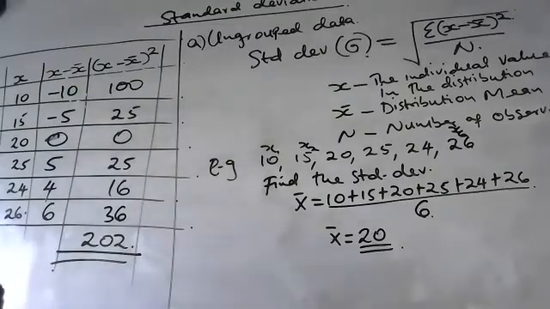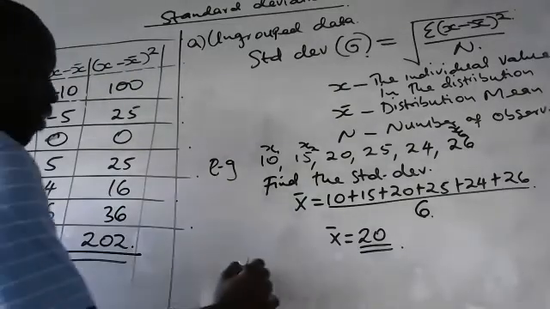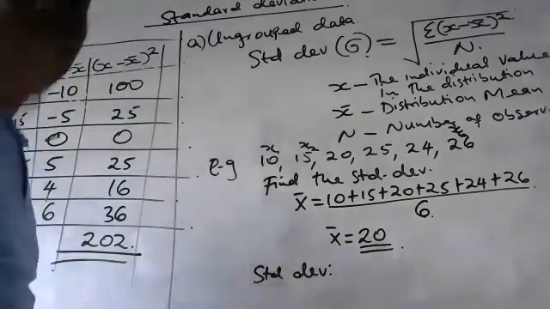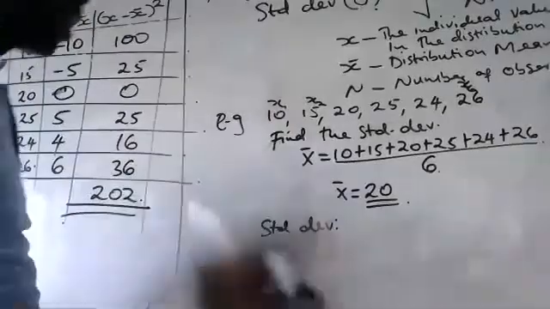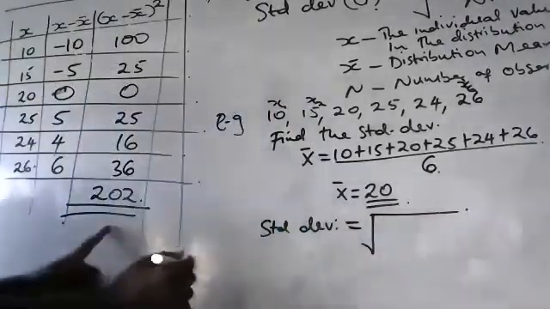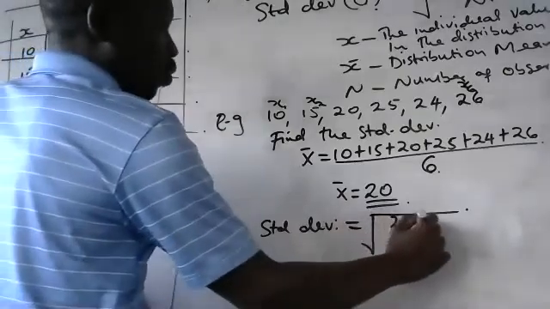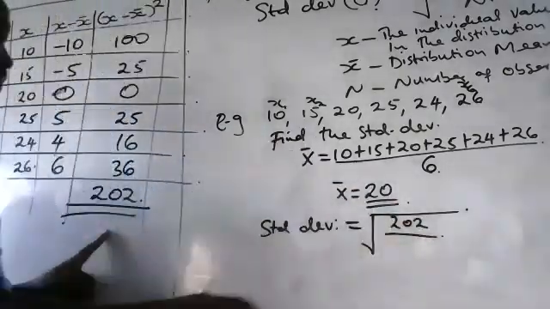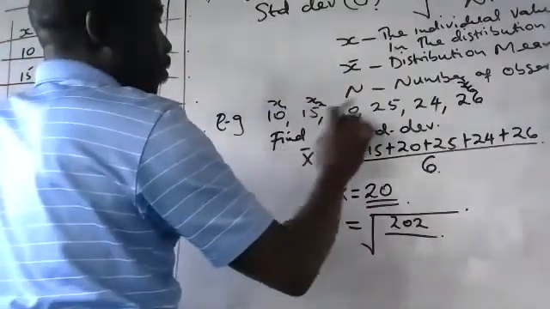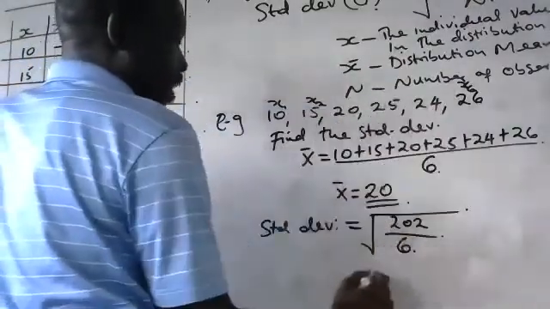Once we have the sum, we can now get the standard deviation. Our standard deviation would be given by the square root of the sum of X minus X bar squared, which is 202, over n. N is the number in the distribution. There were 6 numbers.